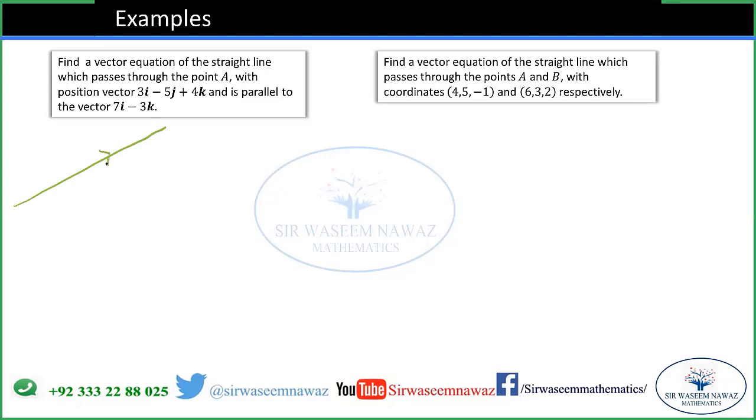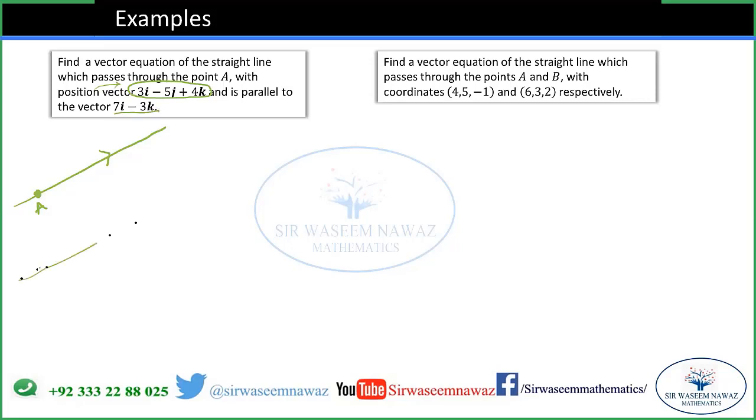Suppose we have a straight line here. It passes through some point A here with position vector 3i minus 5j plus 4k. This position vector is the initial vector, and the line is parallel to 7i minus 3k.